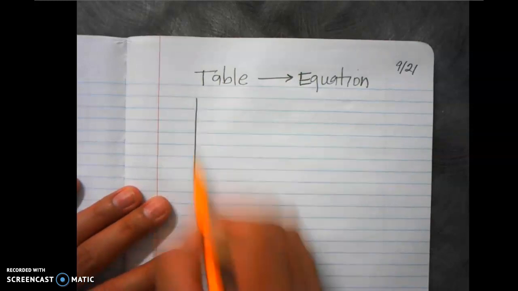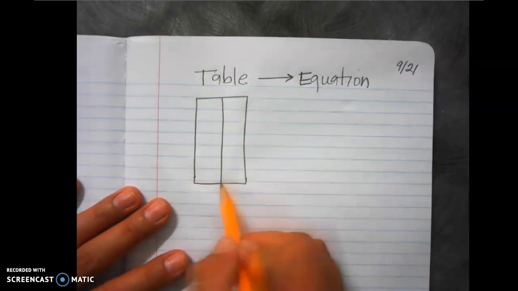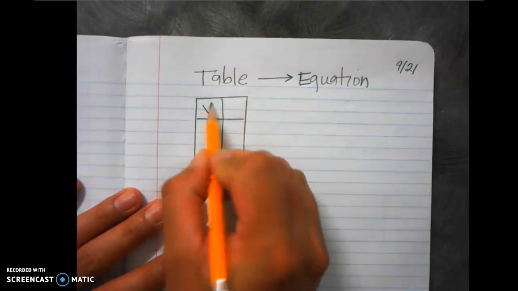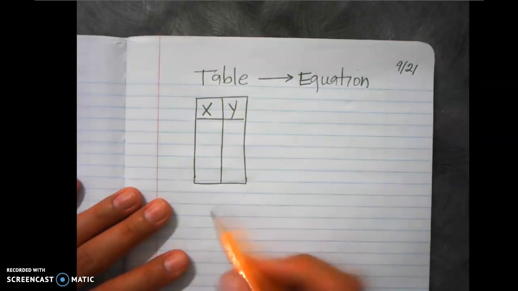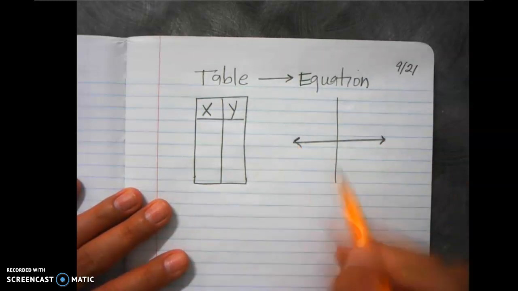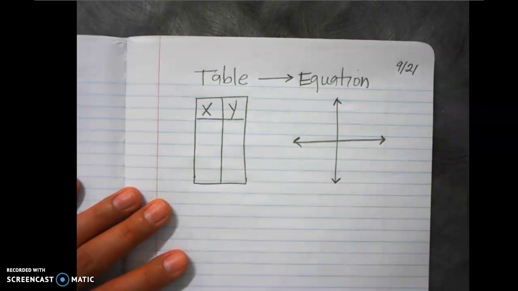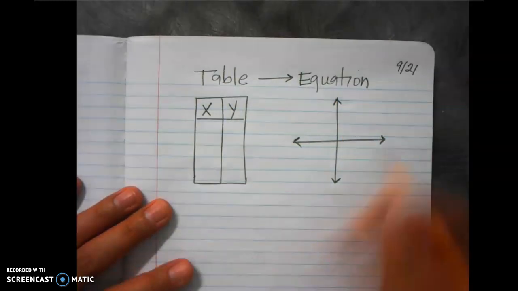Okay, so if you set up your table, X side and Y side, we don't need to necessarily put it on a graph, but I want to show you how they are all interrelated.